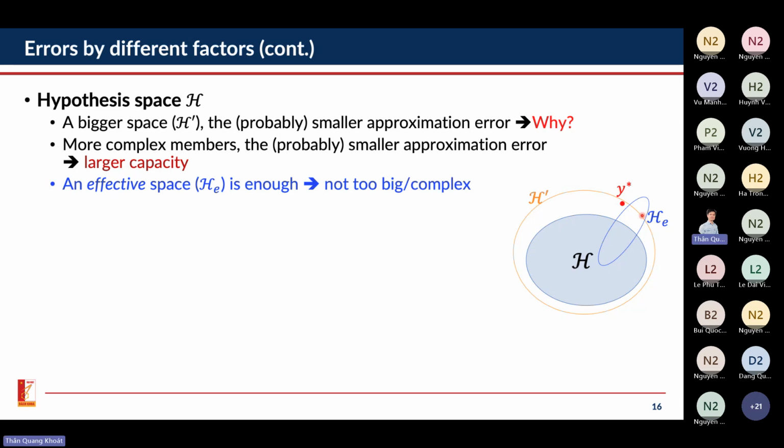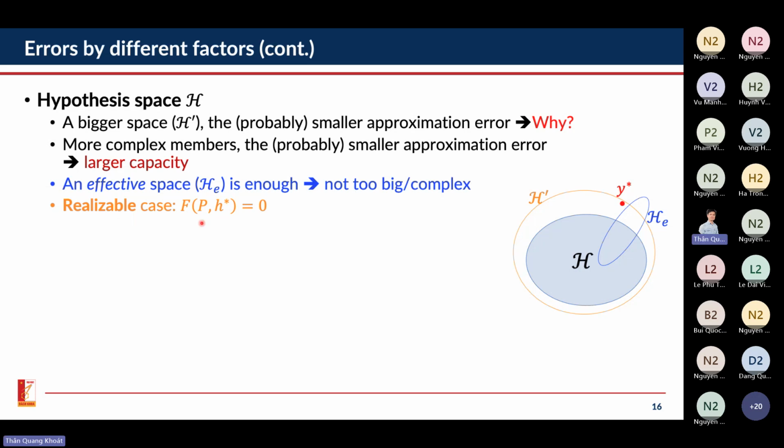That's why in practice we often use very big, very complex architectures. In the case where the model family contains one member with zero error, sometimes we say that it is the realizable case.